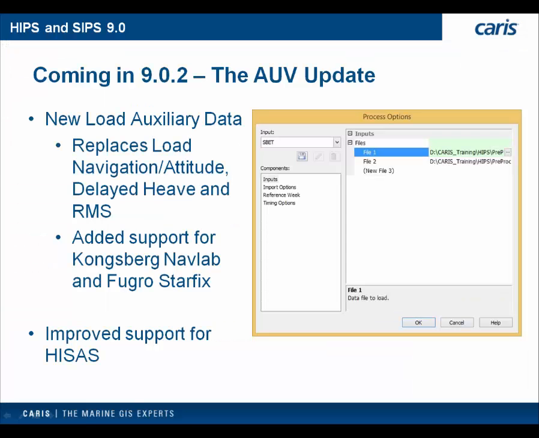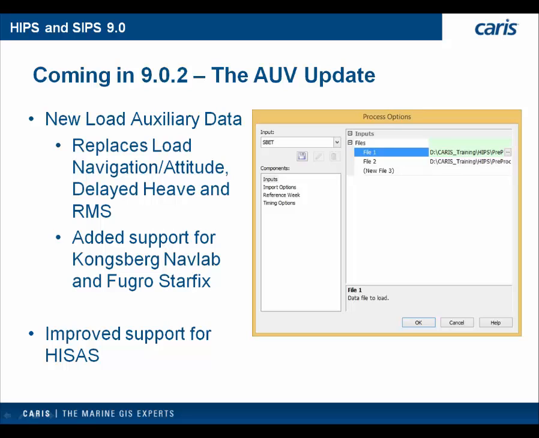Okay, just before we go, I wanted to give everyone a sneak peek at an upcoming update on 9.0 that has a few improvements, primarily around AUV support. So the biggest change is we have replaced the load navigation attitude, delayed heave, and RMS dialogues with a single load auxiliary data dialog.